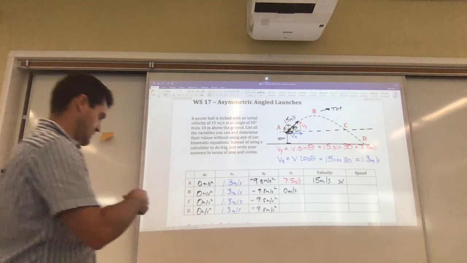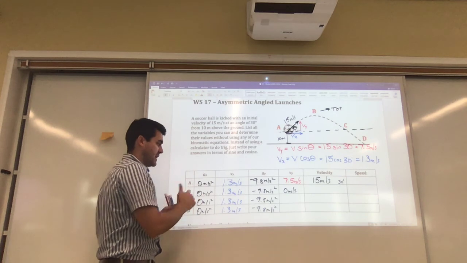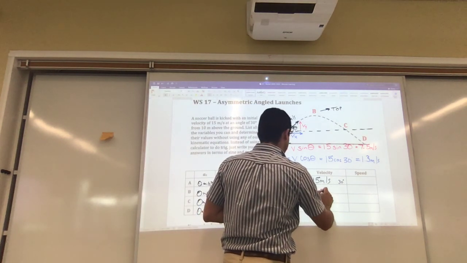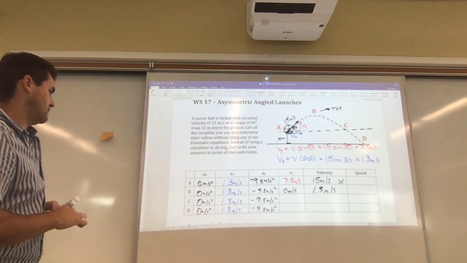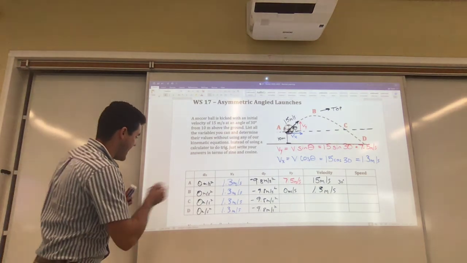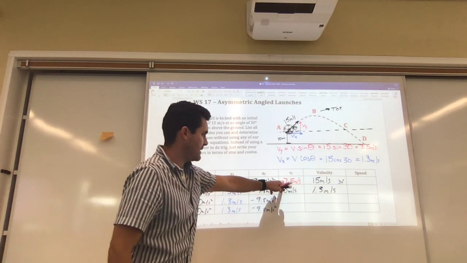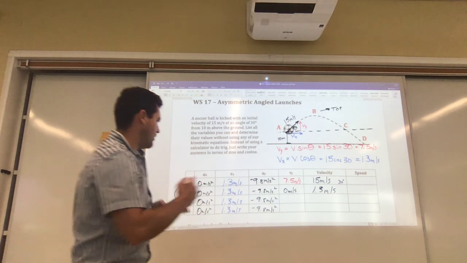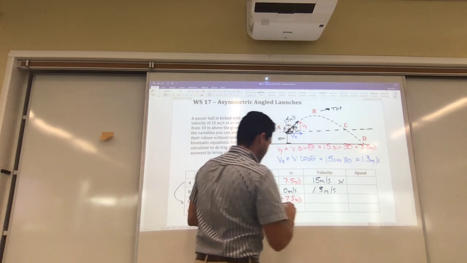All right, my velocity at B, we know the velocity at B is only horizontal velocity, so I can read this straight across. My velocity at B is going to be the same horizontal value. I can use my symmetry rules between A and C and figure out, hey, if it was initially positive 7.5 meters per second upward, well, now I know it's going to be downward at negative 7.5 meters per second.